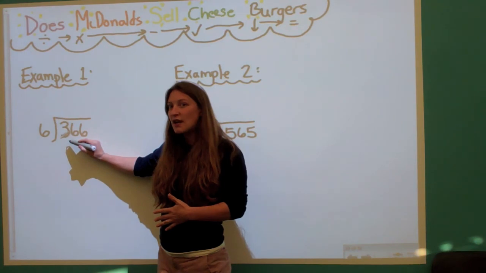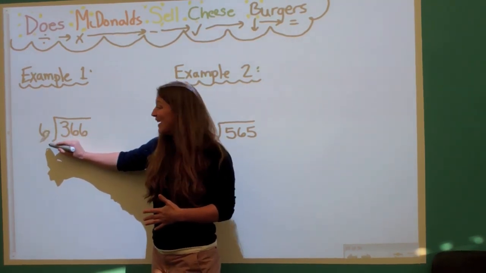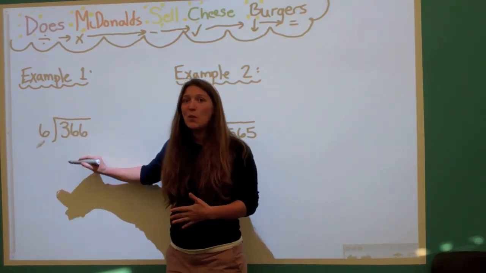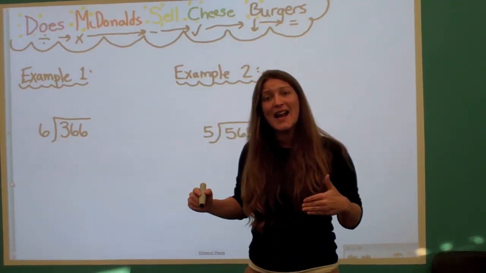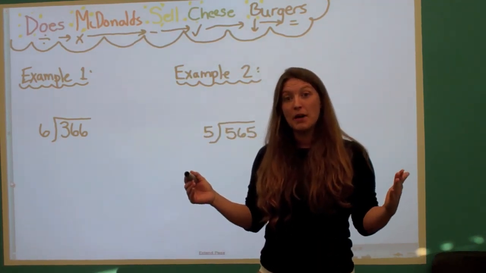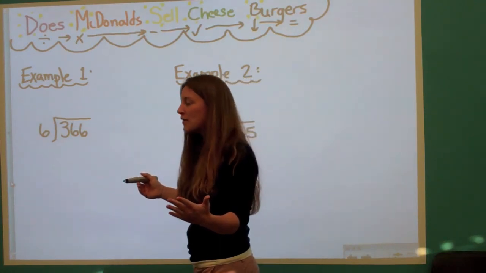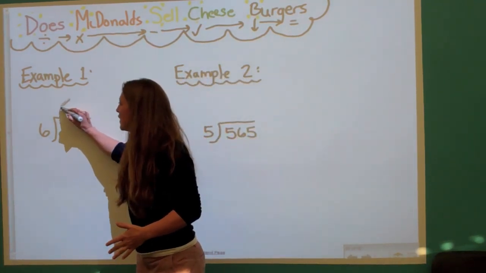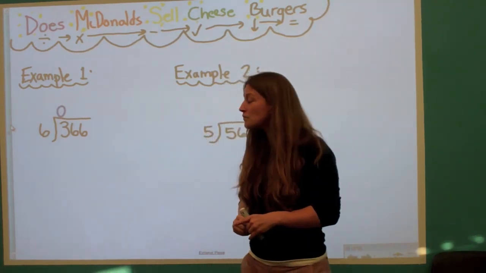So we ask ourselves, how many times can we put 6 into 3? Well, we can't put 6 into 3. Remember we said that the dividend has to be a larger number. So 6 can't go into 3. So we're going to put a 0 because it doesn't go in there at all.